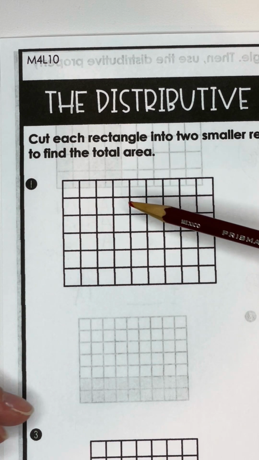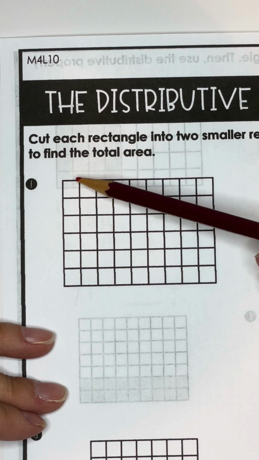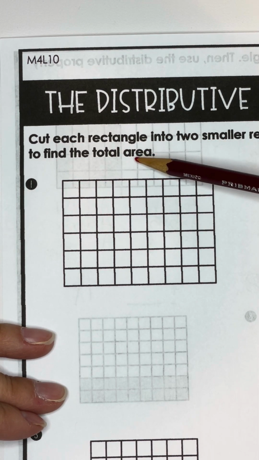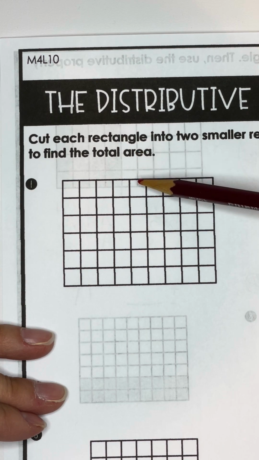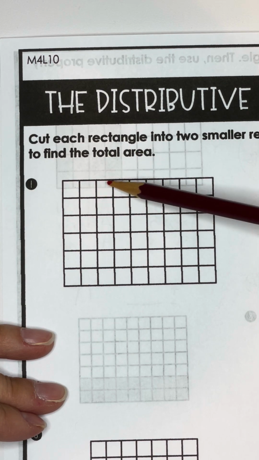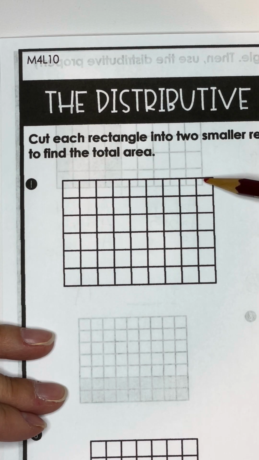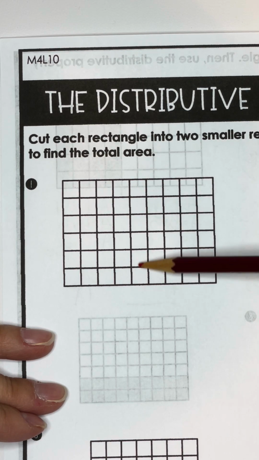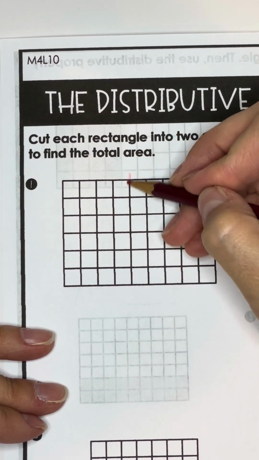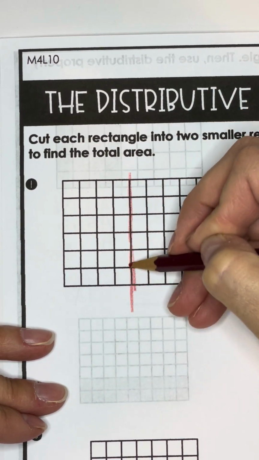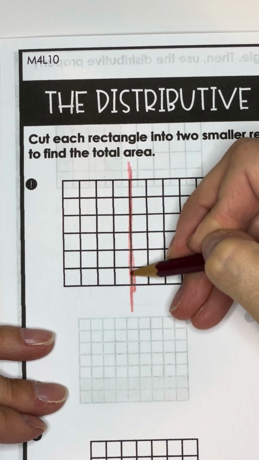All right. So we have to decide. I know that if I do it right in half, that would be easy, but it looks like 1, 2, 3, 4, 5, 6, 7, 8, 9. I can't go right in the middle. That's not good. So let's go 1, 2, 3, 4 over, and then let's split it here. Let's break it here.